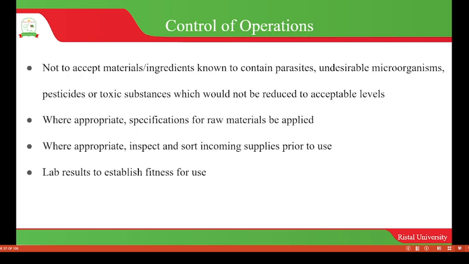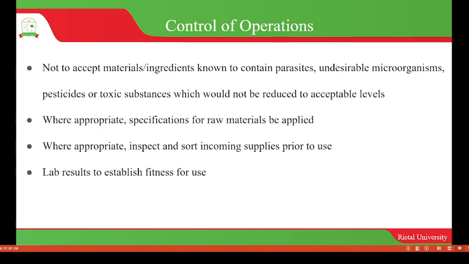Still under the control of operations, as one of the requirements for good manufacturing practices, we should not accept raw materials or ingredients which are known to contain parasites or undesirable microorganisms, pesticides, or toxic substances which will not be reduced to an acceptable level.